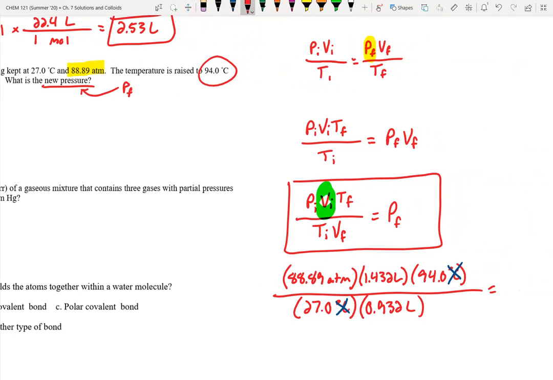Actually, let me think about this. Sorry. I am wrong. You're right. We do need to convert it to Kelvin. I'm really sorry. I'm having a brain fart, but let's convert it to Kelvin because it will give you a different answer. We need to make sure that we're using the proper unit. So let's go ahead and add 273.